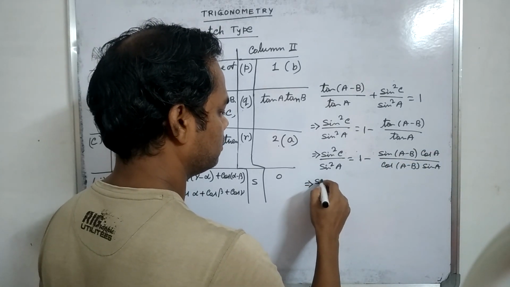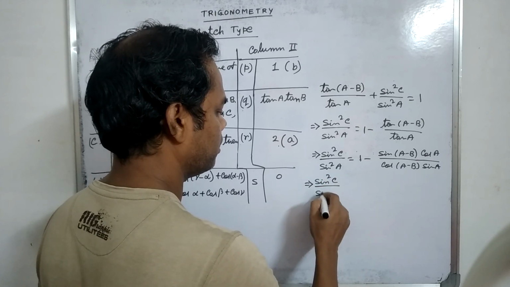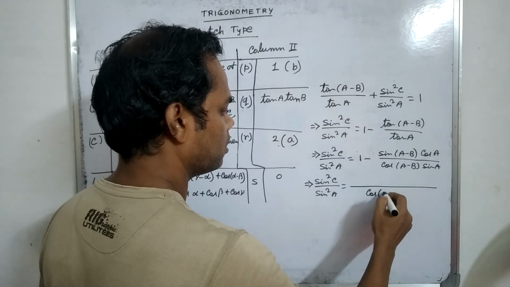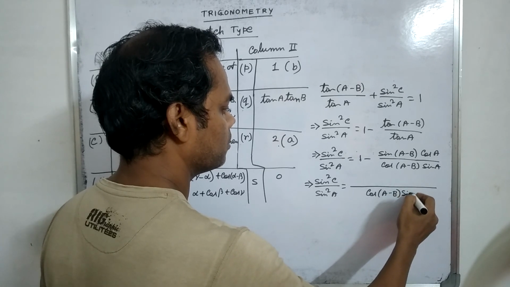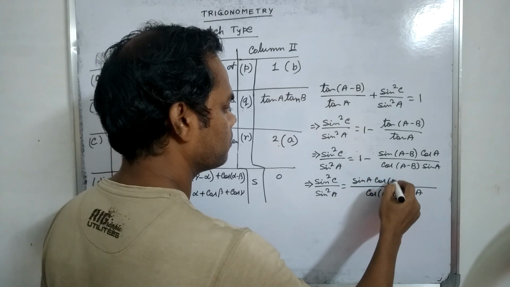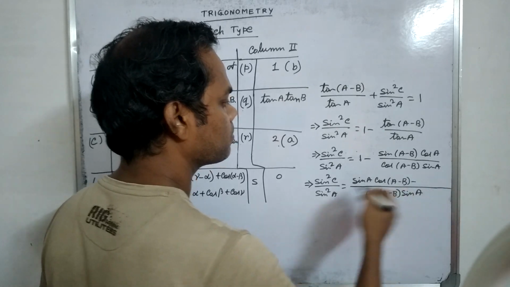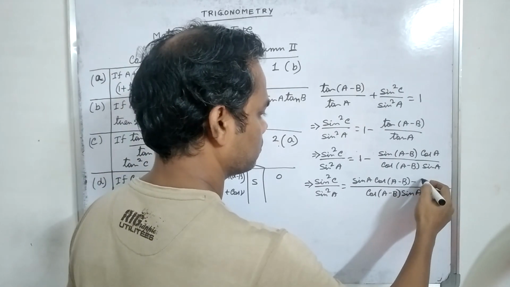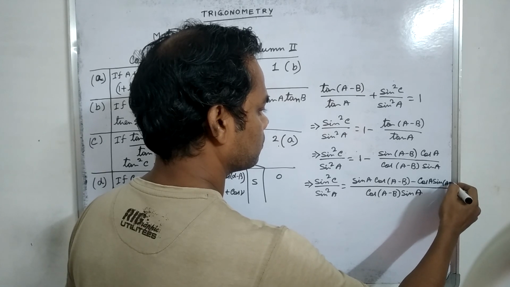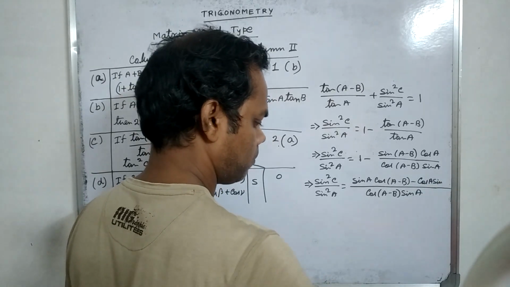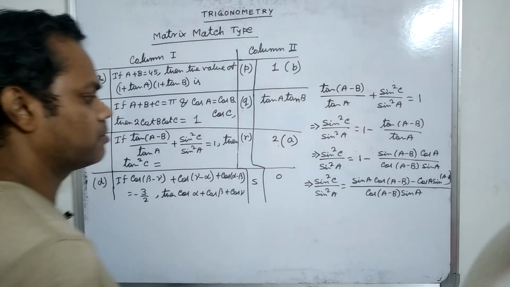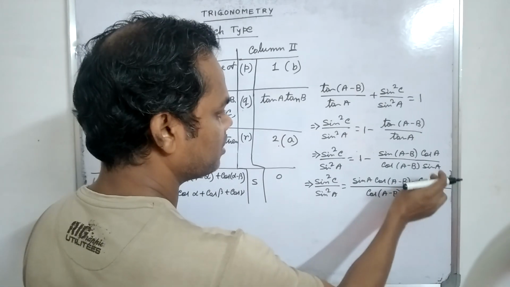So sin square C by sin square A is equal to cos (A minus B) sin A minus cos A sin (A minus B), all by cos (A minus B) sin A. Here we see the sin A cos B minus cos A sin B formula.